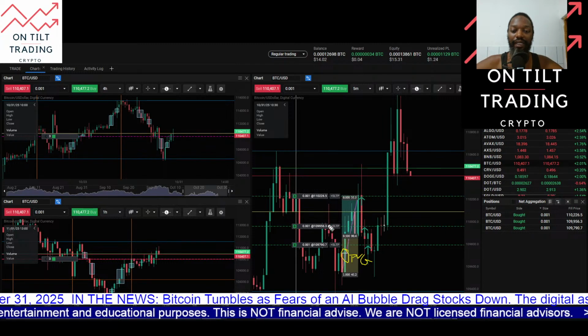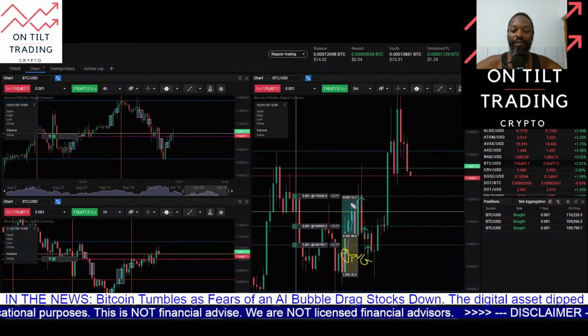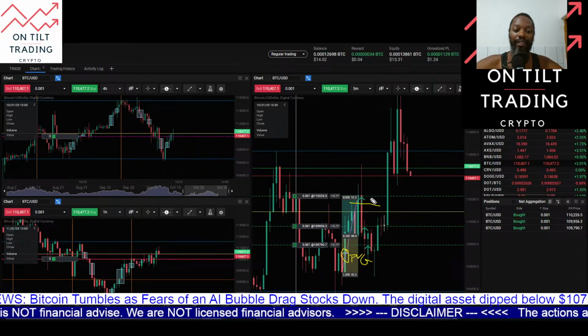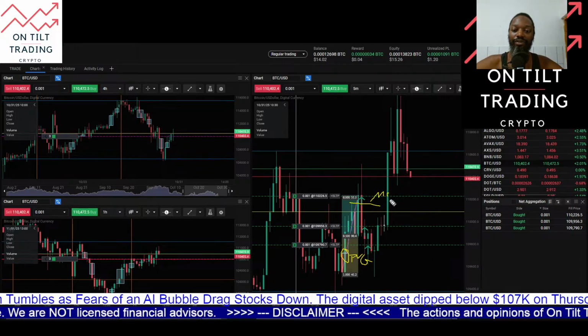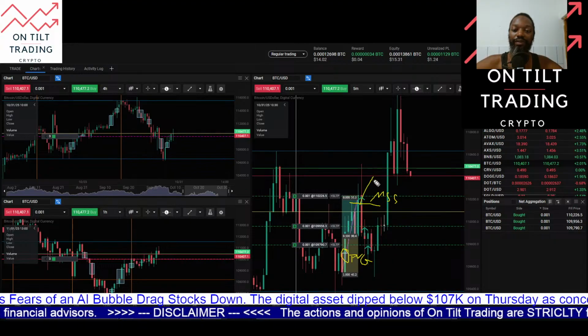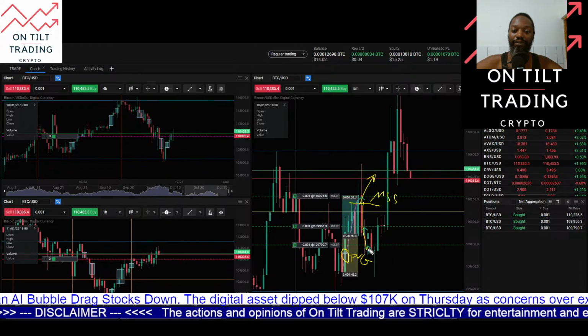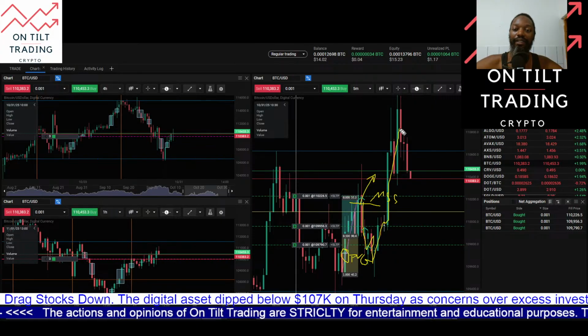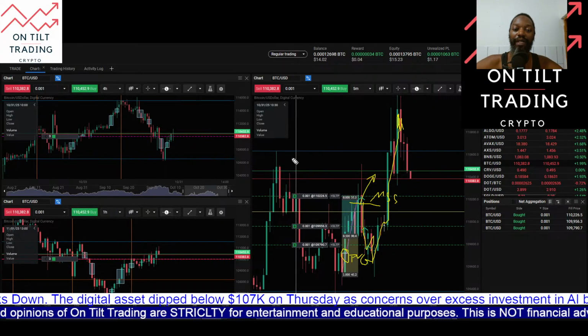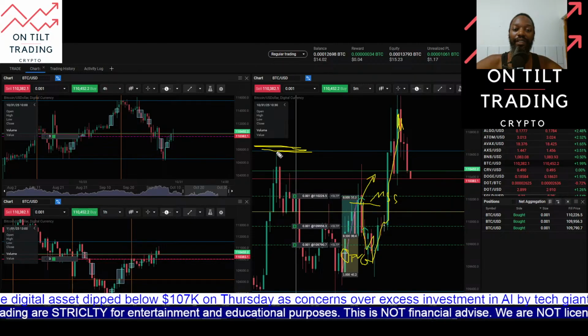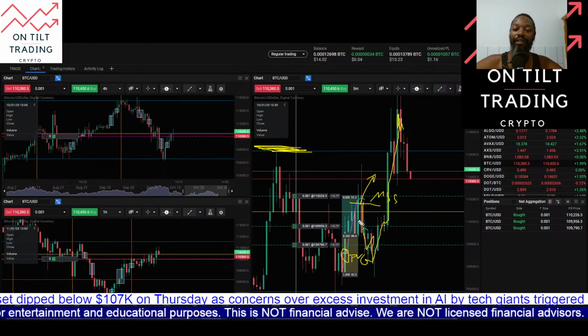In addition to that, here we get a market structure shift here to the buy side. Price pulls back, consolidates down here, and then delivers to the buy side, sweeping out the buy side liquidity here.